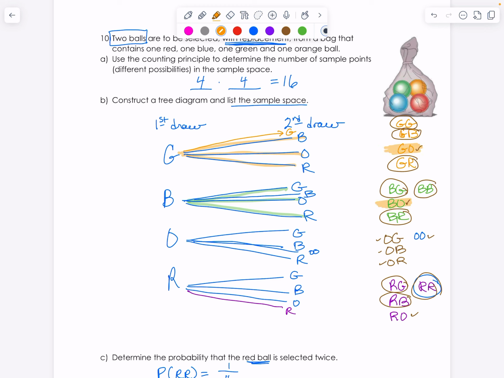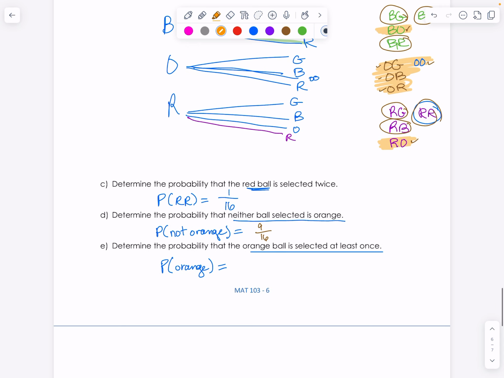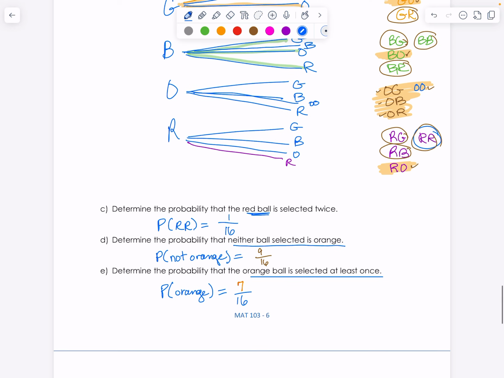This one has at least one orange in it. All of these have at least one orange in it. And this one has orange in it. So let's see how many we highlighted. 1, 2, 3, 4, 5, 6, 7. So I had 7 that were orange out of 16. And I can't reduce that. So now y'all are going to be experts on our probabilities.